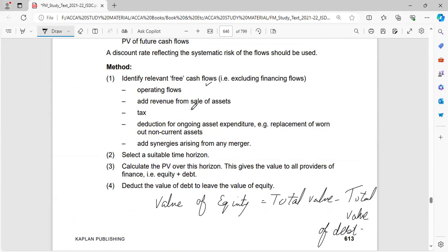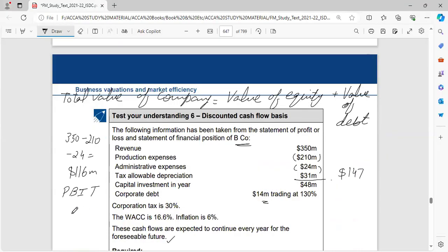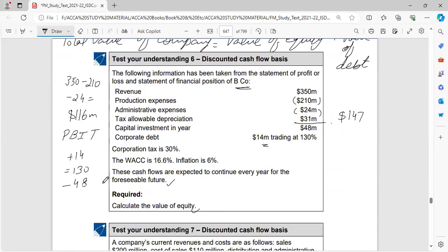Add back the revenue from the sale of assets, we don't have. Then he is saying tax, deduct ongoing asset expenditures. Okay, if we add back tax plus 14, it is 130. Deduct capital expenditure 48, so you will get 82.